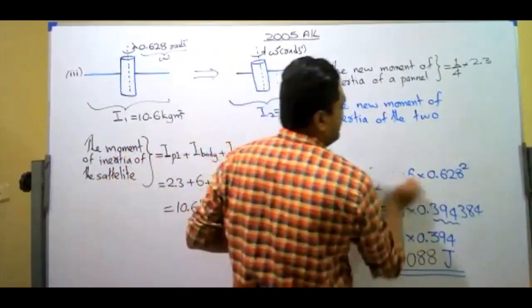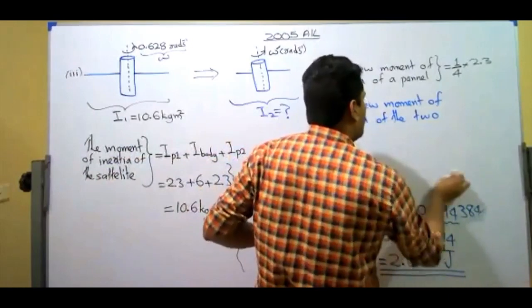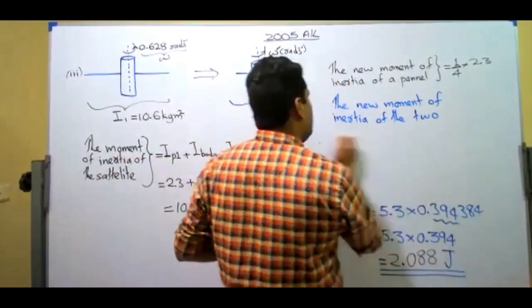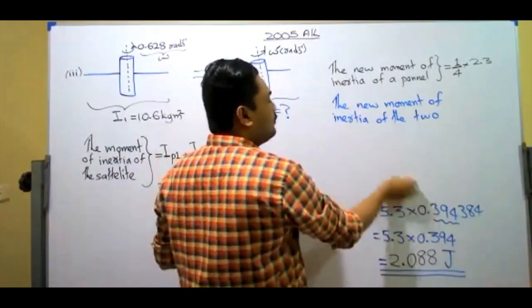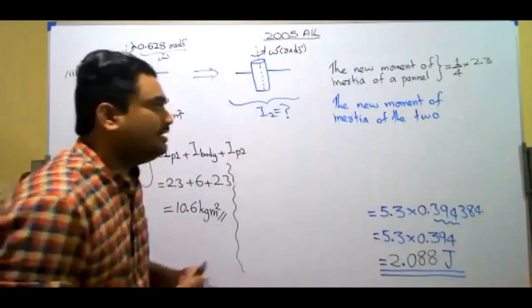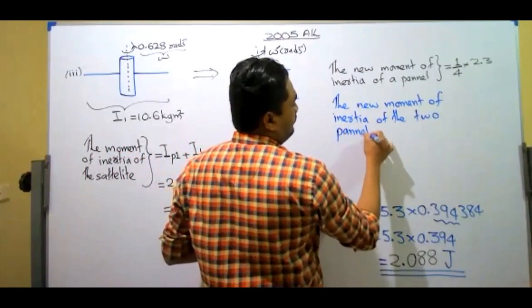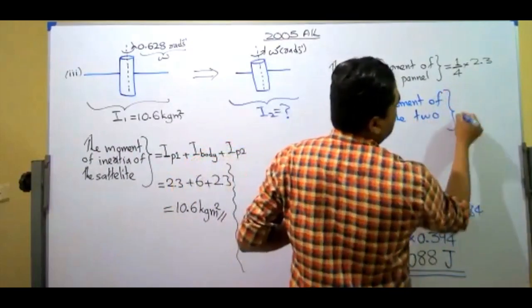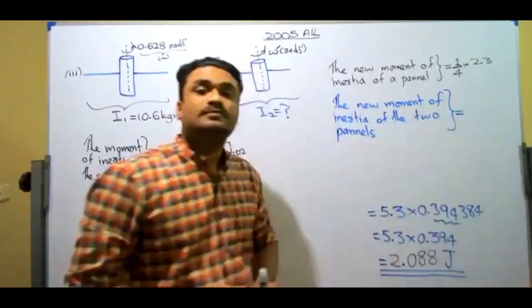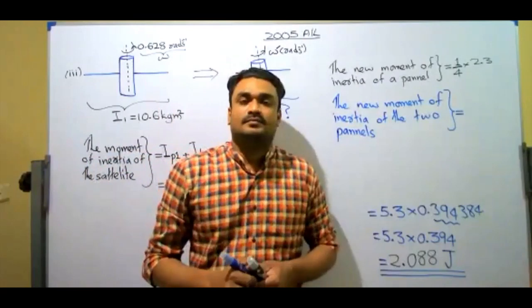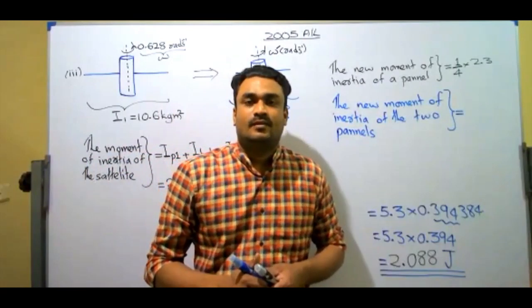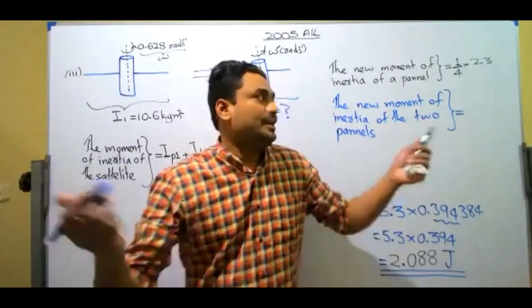How do we find it? Somebody please tell me again. I want to find the new moment of inertia of the two panels. How do we find it here? Multiply by 2. Yes. Speak loudly. Multiply by 2.